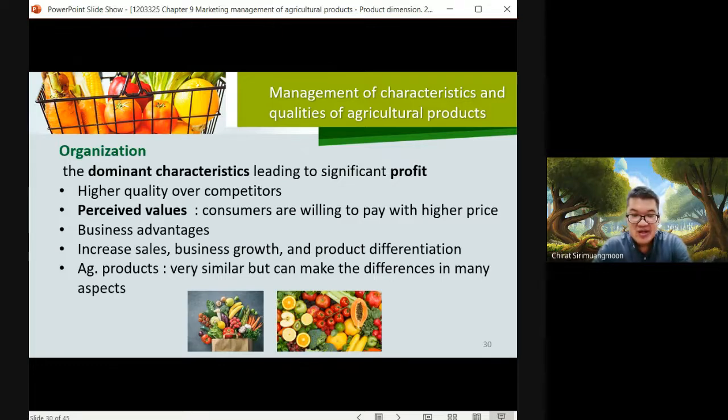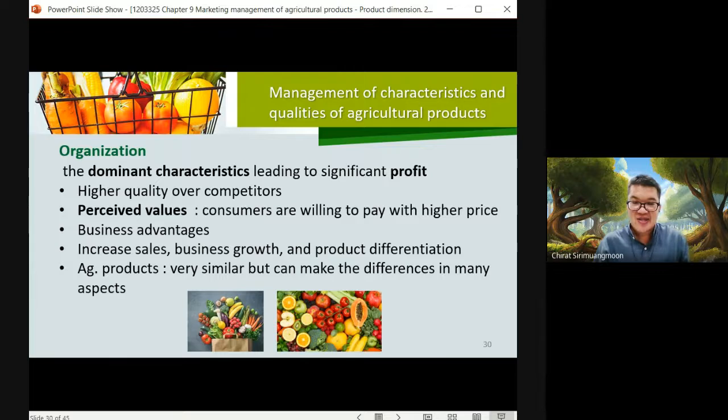Because the value perceived by the consumers will make your company have higher profit. If they perceive that my company serves high quality products, they're willing to pay more. The price that you can set is also high.